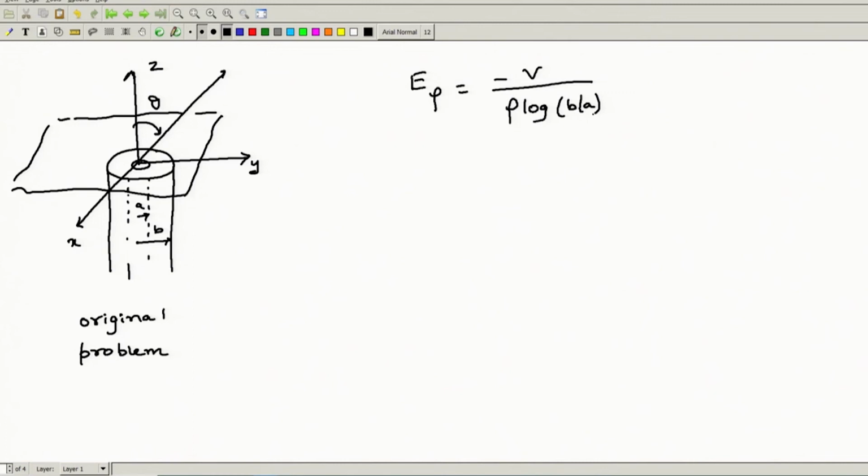Where A and B are the inner and outer radius of the coax, and V is the line voltage.